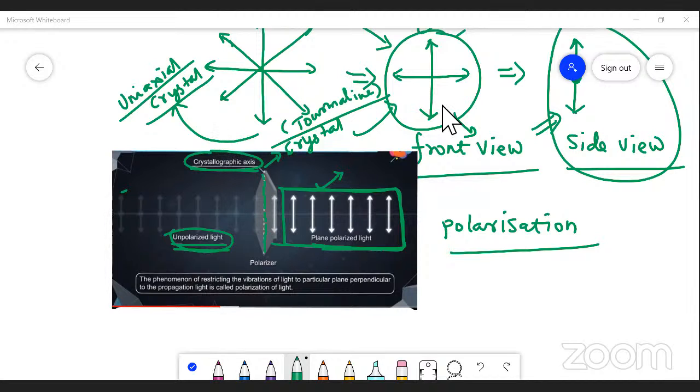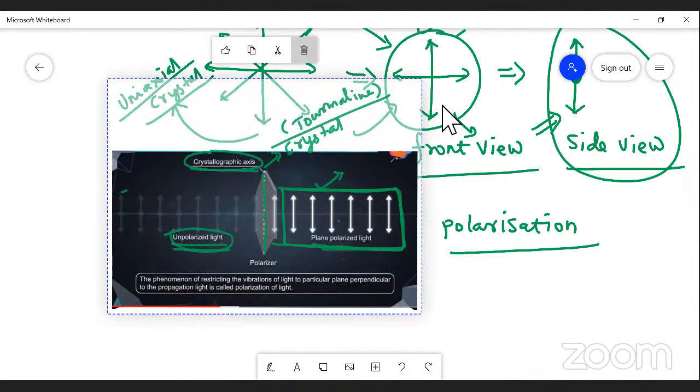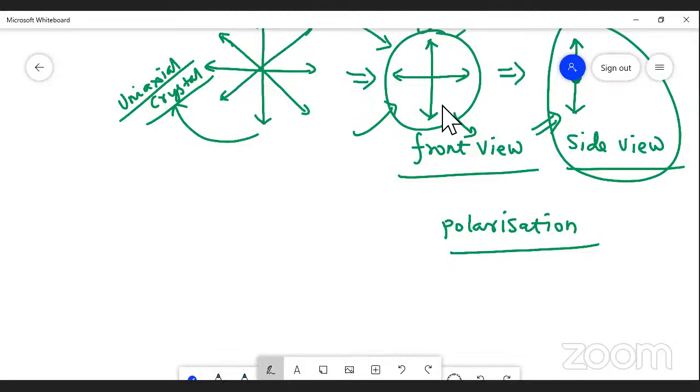Right. Now let us discuss two important terms related to the polarization topic. They are the plane of vibration and the plane of polarization.